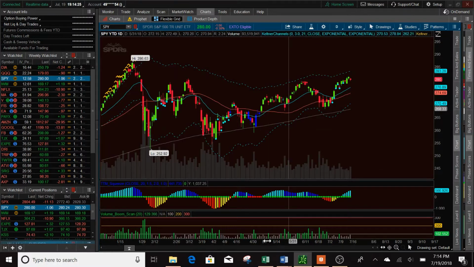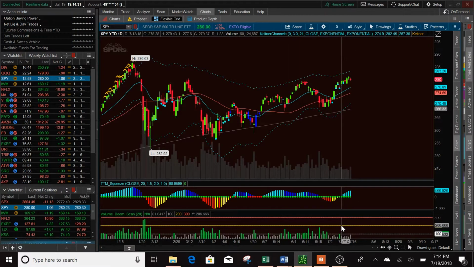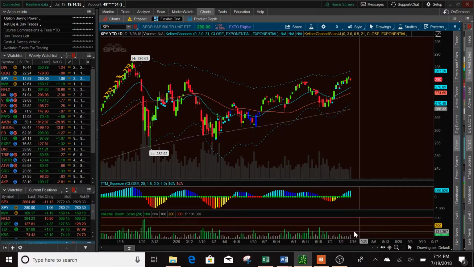Next, down here, this is a custom script that I made. It's just a relative volume indicator. When we get a green bar, that means it's above 100% of the relative volume for the last 20 days. It takes the average volume of the last 20 days and sets that to 100%.